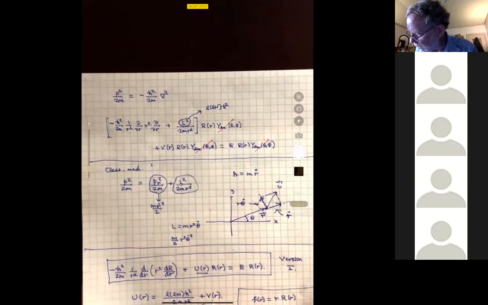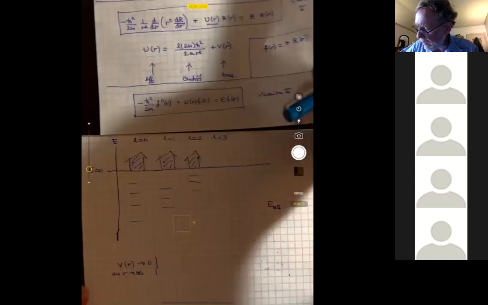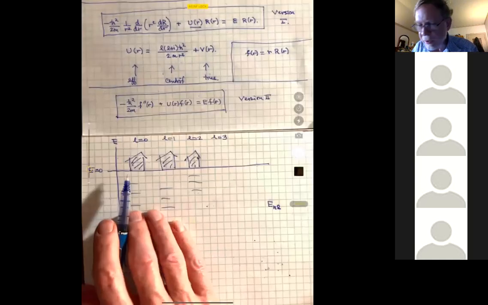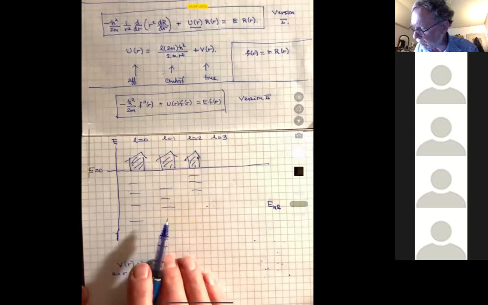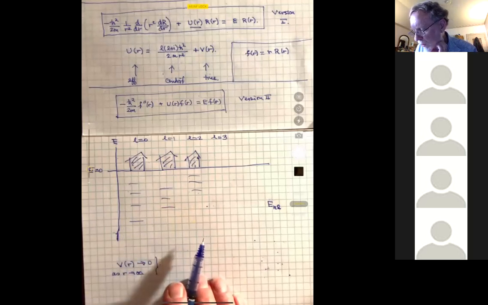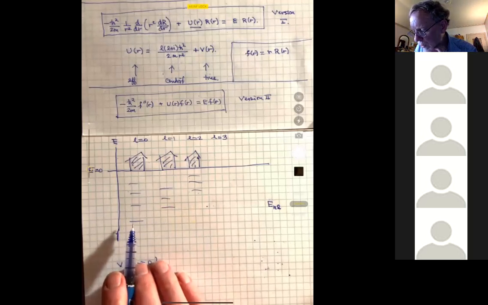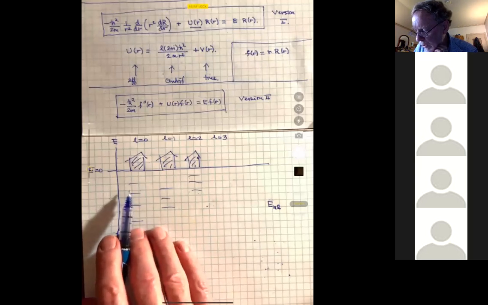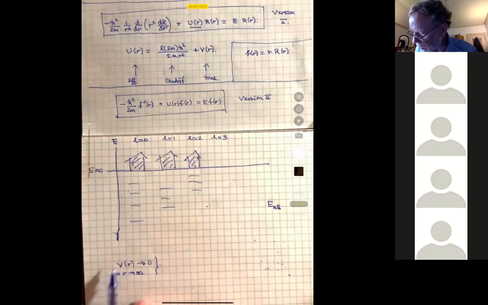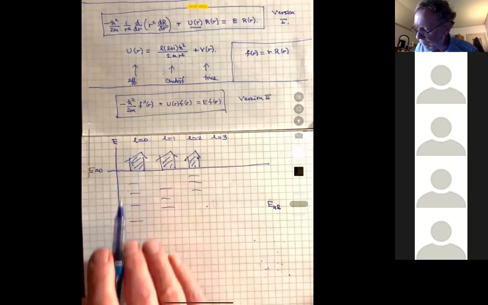If the true potential also does the same, then the total potential goes to 0 as r goes to infinity, and E equals 0 becomes the continuum threshold. So you may have some discrete bound states with negative energy, and then a continuum above E equals 0.